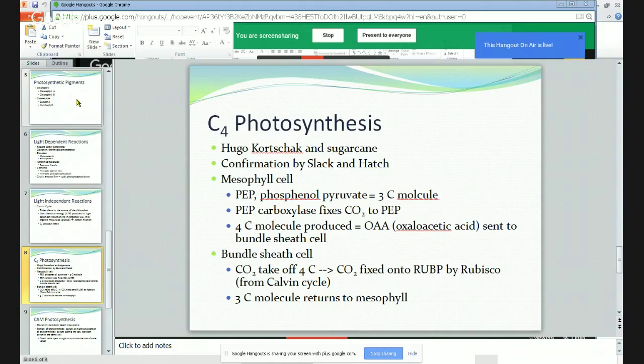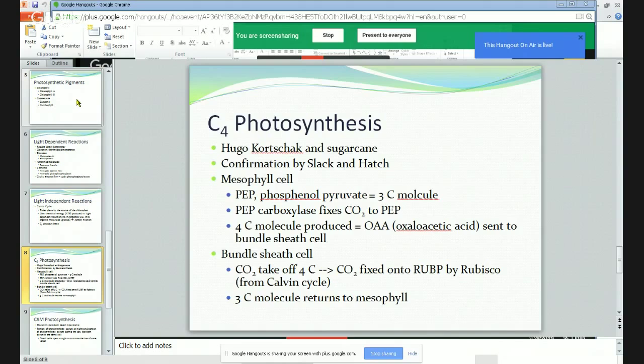There was kind of an intermediate stage there, and then Slack and Hatch were the next 2 people to confirm that there was indeed this secondary process that would occur in the mesophyll.